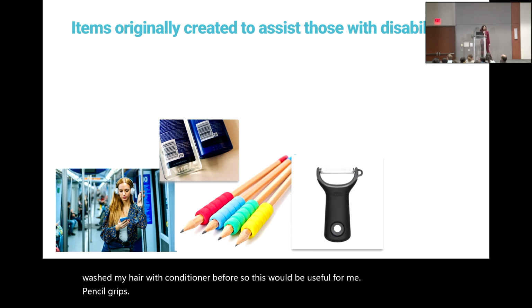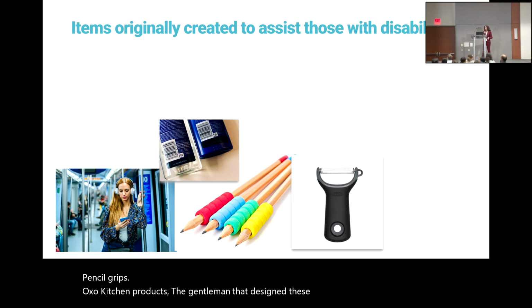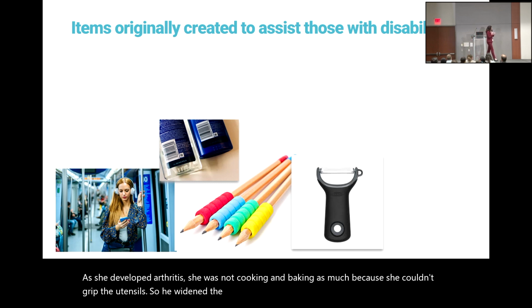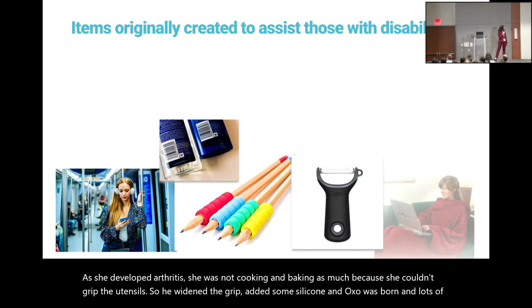OXO kitchen products. The gentleman that designed these, his wife loved to cook and bake. As she developed arthritis, she was not cooking and baking as much because she couldn't grip the utensils. So he widened the grip, added some silicone, and OXO was born, and lots of people use them today.